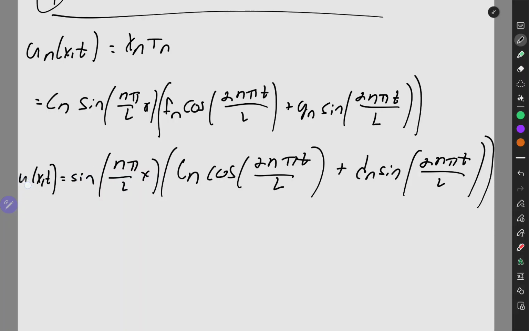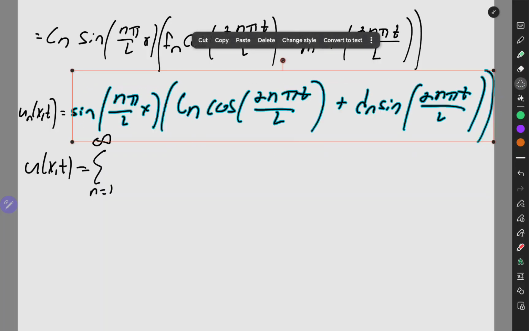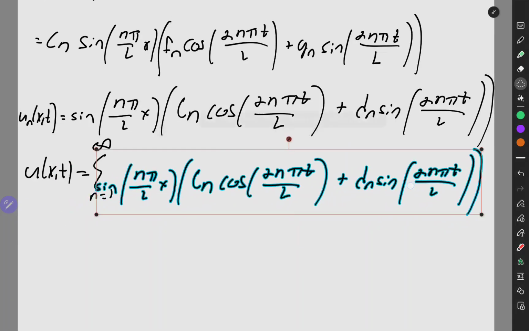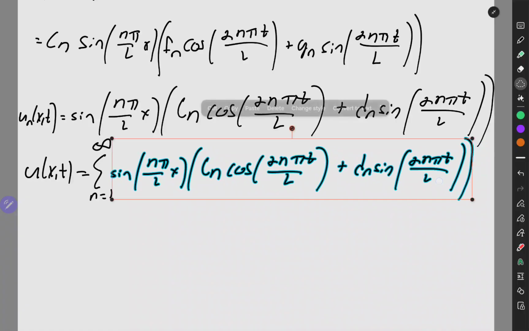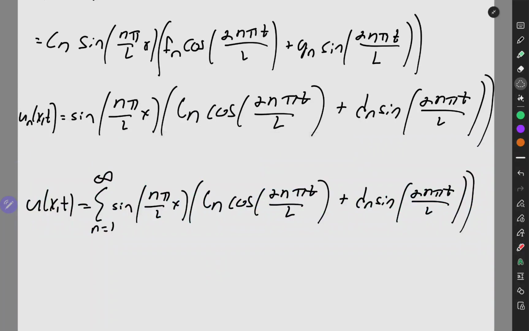Actually, no, we have u_n of t. We now want u of x and t. That's just the same thing, but putting a summation on it. So I'm just going to copy, paste, shrink it down. Perfect. And I should label that as general solution. Now, that's for the displacement.